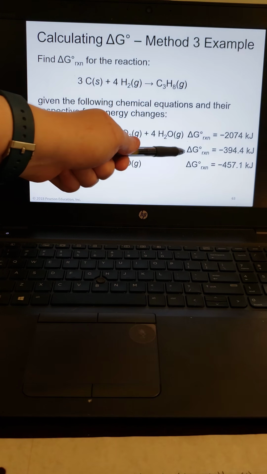Water appears in 2, but doesn't appear in the overall. I wouldn't start with any of that stuff. I would start with the carbon. Carbon only appears in this one. We need 3 moles as a reactant. In this equation, I have it as a reactant, but I only have 1 mole. So I need to triple the reaction.